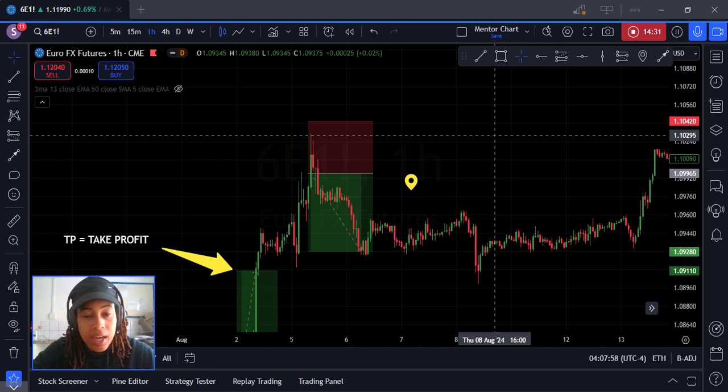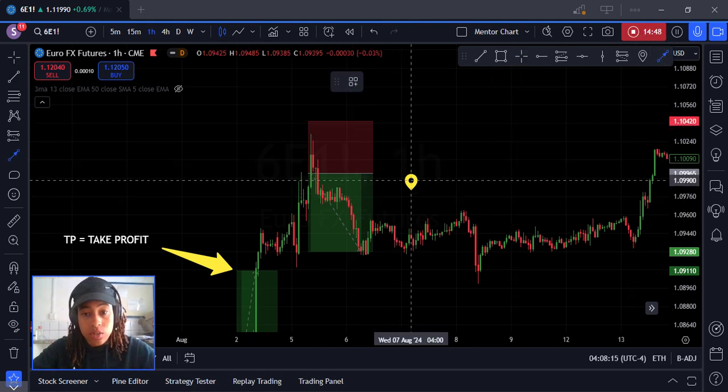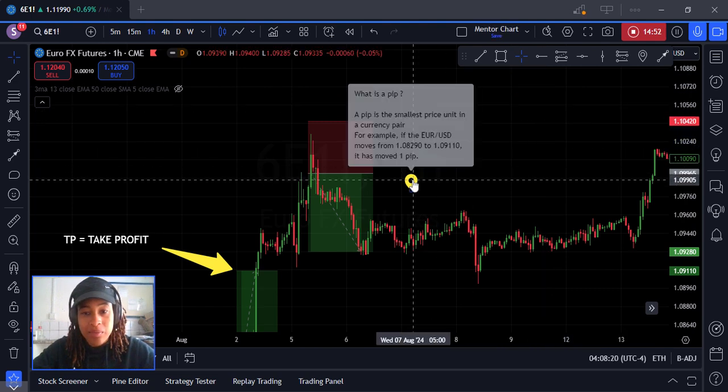But the pips is just like, how many pips do you plan on catching? So as a scalper, it's usually like 10, 15, maybe 20 pips. So that means they're aiming for the price to go up 10 pips or to go down 10 pips. Yeah.